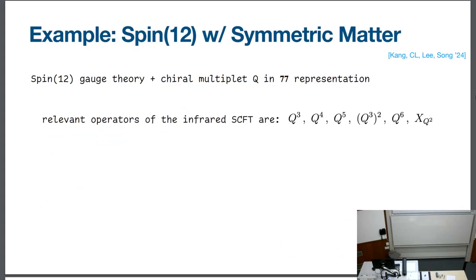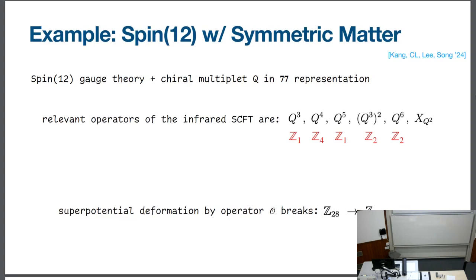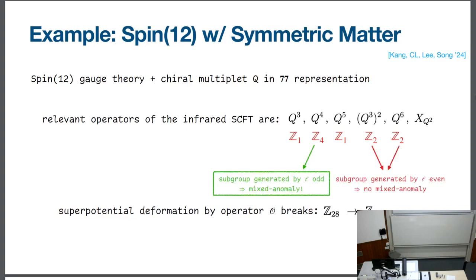There are a bunch of relevant operators of this SCFT, and the superpotential deformation breaks the Z_28 axial symmetry to these things. The Z2s are generated by L even, so there's no mixed anomaly. But the Z4 is generated by L=7, which is an odd element of Z_28, and so there is a mixed anomaly in this case.